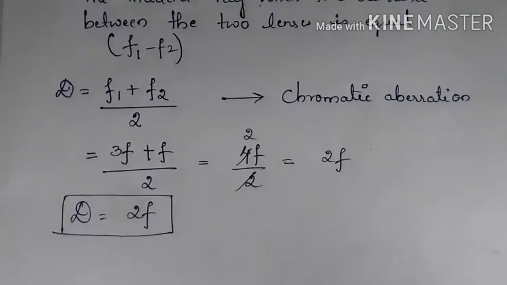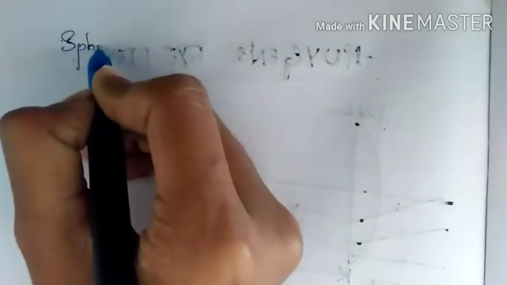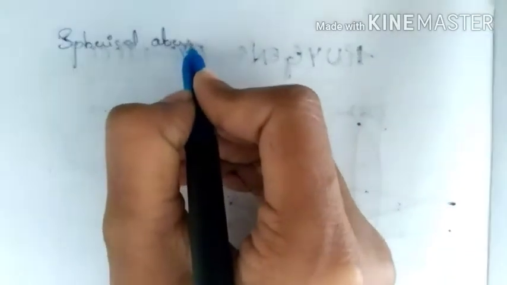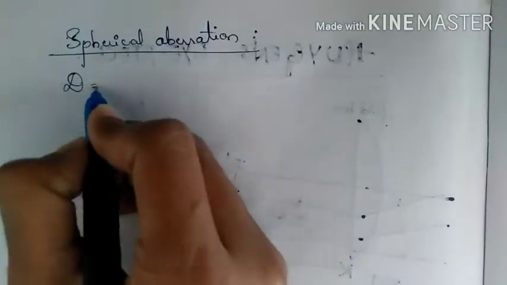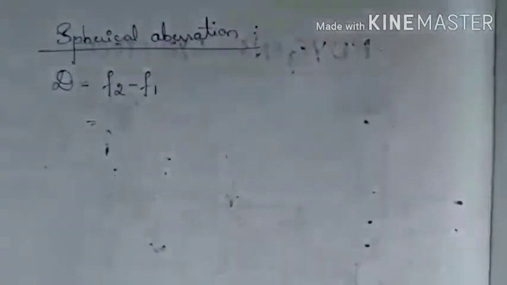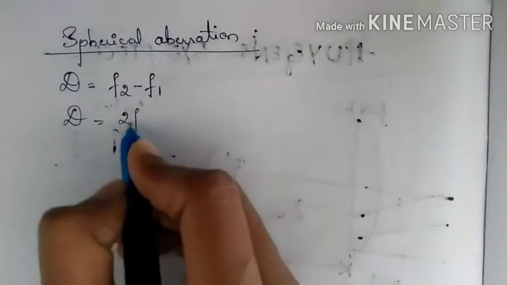Now let us see what is the condition for spherical aberration. For spherical aberration, D is F2 minus F1. So what will be D again? D again will be 2F.